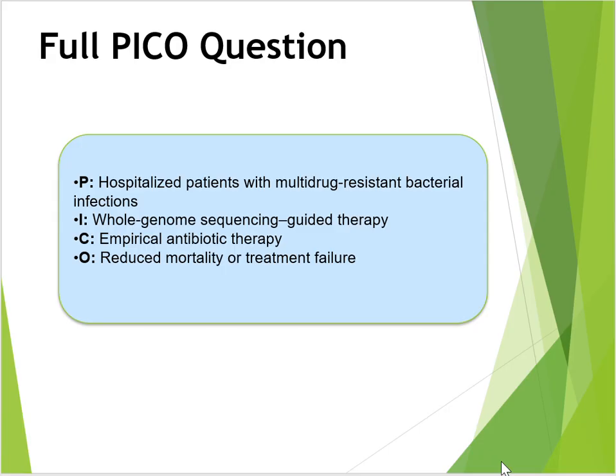And as we said, the intervention is what we are trying to bring upon the existing. And then the comparator is whatever is already there, or sometimes a control. Maybe we can go with completely no therapy, and then reduced mortality or treatment failure as our outcome.